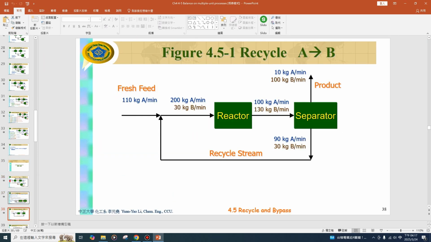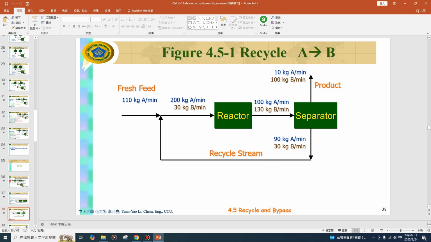Another example is that we talk about a reactor, and we recycle non-reactive materials back to the reactor, because if you want to have 100% conversion from A to B, it might take days, years, right? But if you just want to have 80% conversion, it might take about 1 minute or 10 minutes, for example.